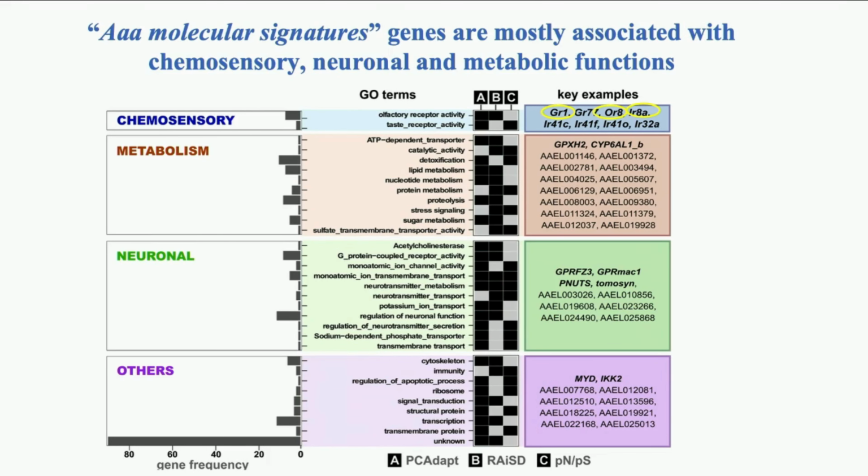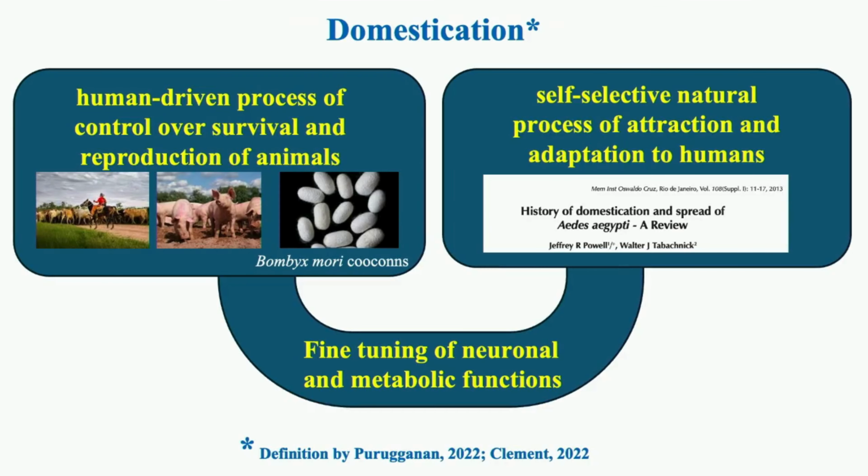But what these results tell you is something a little bit broader than the context of mosquitoes, because I told you that what we observe in Aedes aegypti is a phenomenon of self-domestication. So it's a natural process of attraction and adaptation to humans. When we think of domestication, we don't think of self-selective domestication.